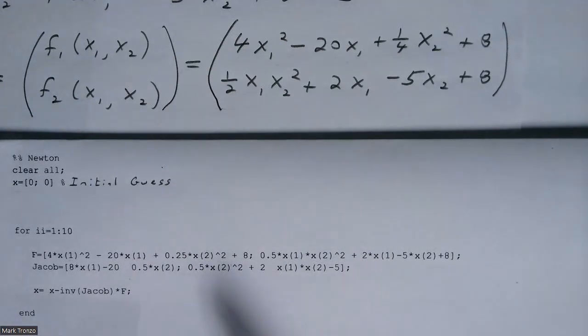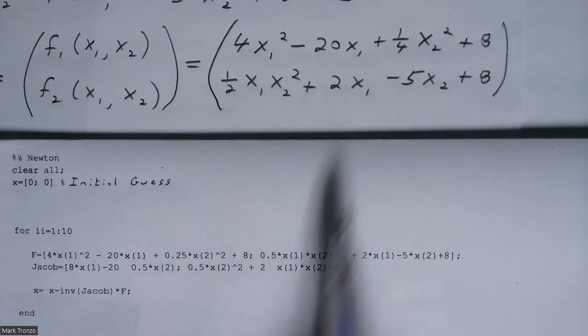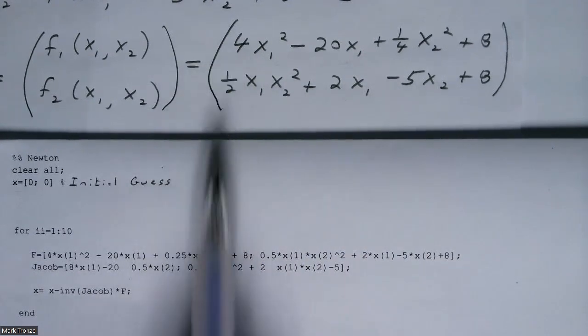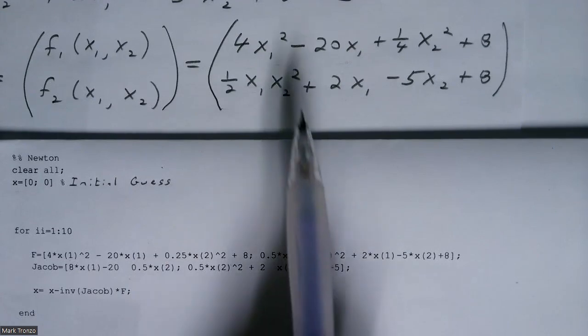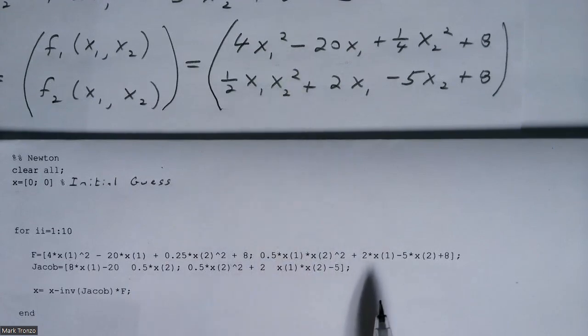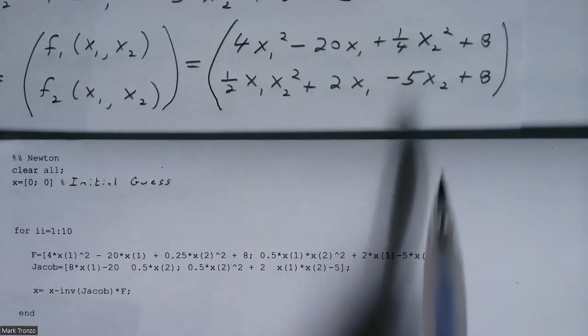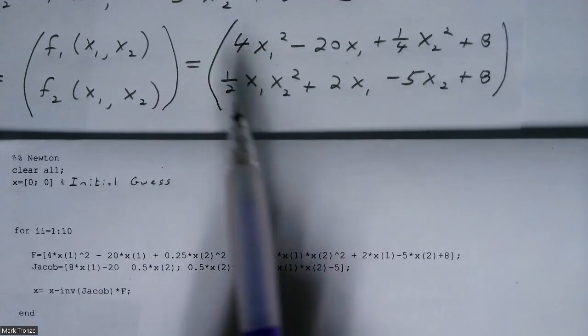And remember, when you put in a matrix, we put the square bracket, and then we have the first row, and then the second row separated by a semicolon. Once again, we have a half x1 x2 squared plus 2x1 minus 5x2 plus 8.